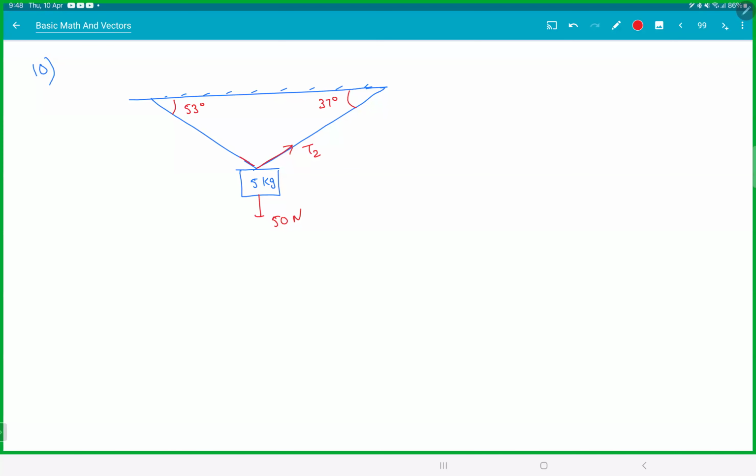Let this be T2 and let this be T1. Find T1, T2. Same thing, but this time you have to divide both T1 and T2.